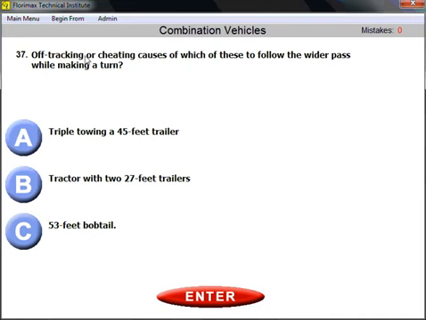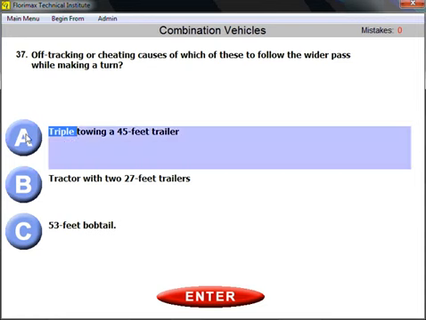Off-tracking: which combination vehicle, which rig has more chance to make a wide turn. And when you read triple, that's the indication of the correct answer. You don't even calculate, 2 trailers, 2 trailers. You read triple. The more trailers you have, the wider you have to go around the corner.